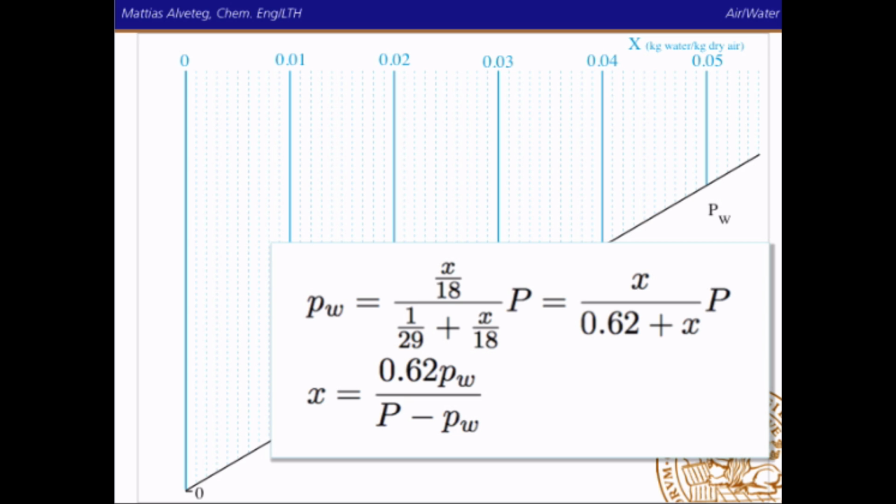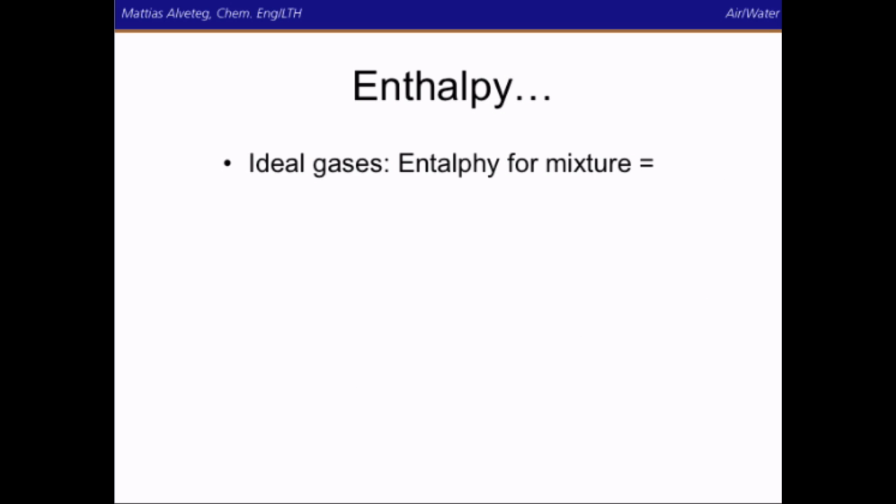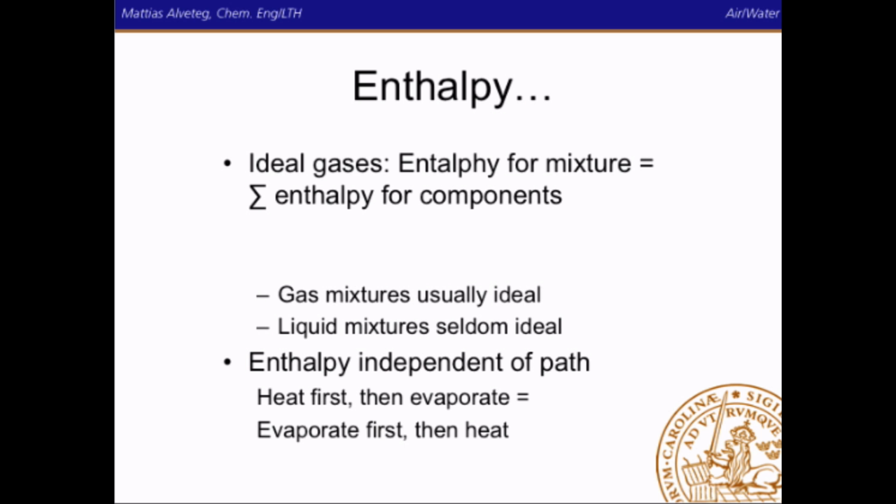The second axis is the enthalpy, and for ideal gases the enthalpy for a mixture equals the sum of enthalpy for the components. And gas mixtures are usually ideal and liquid mixtures are seldom ideal. So since we have gas, we can rather safely assume that the enthalpy is the sum of the components.